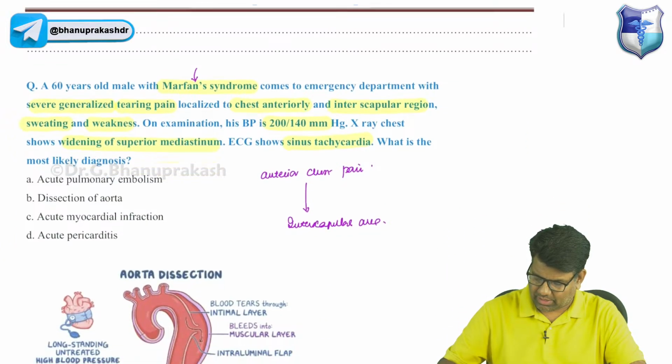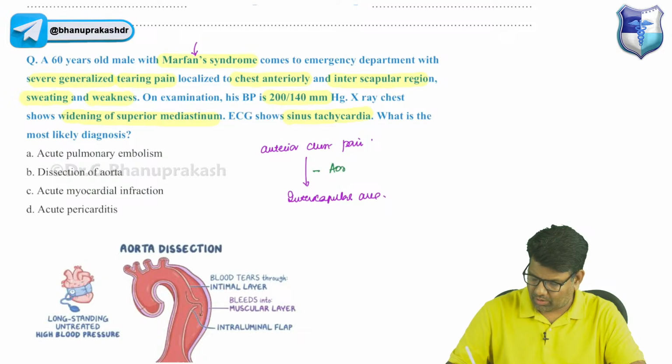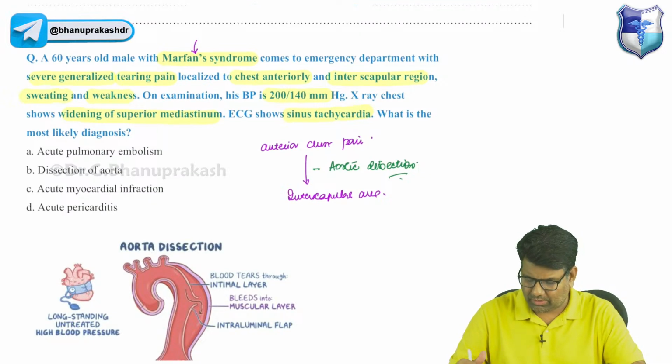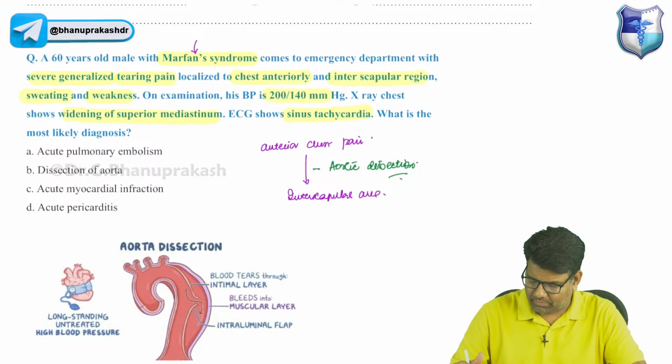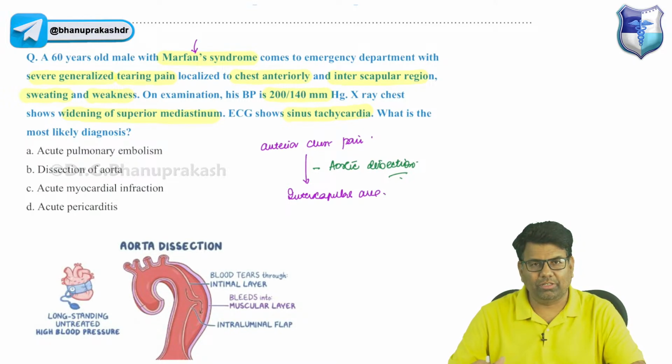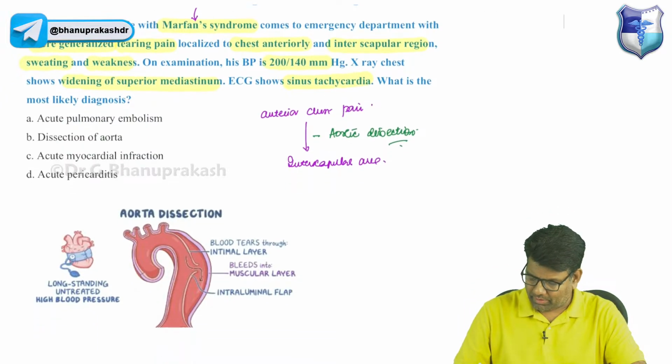This is a classical case of aortic dissection. It's a classical presentation, although somewhat similar pain may be seen in acute pancreatitis sometimes, but for severe pathology, this is very classical for aortic dissection, right? Now here, if you see the blood pressure is extremely high, what happens?